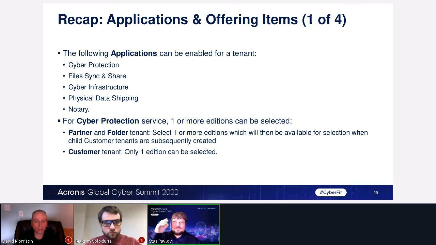When we check, it's about 8 for now in my development account, in my development cloud environment. And I can assign as many as possible for a partner and folder, but only 1 for a customer.